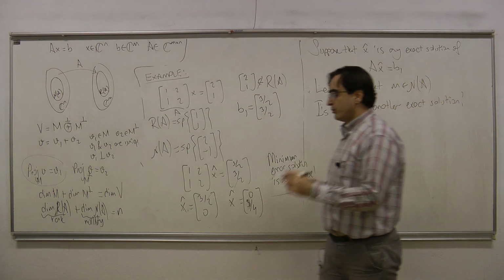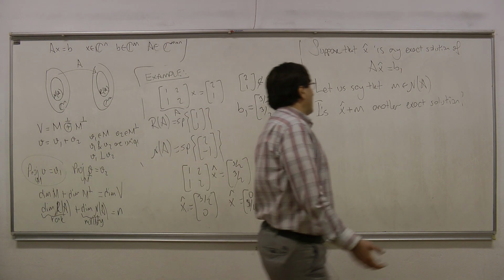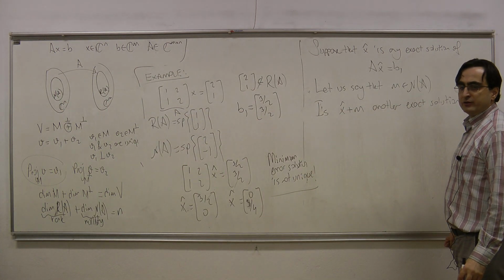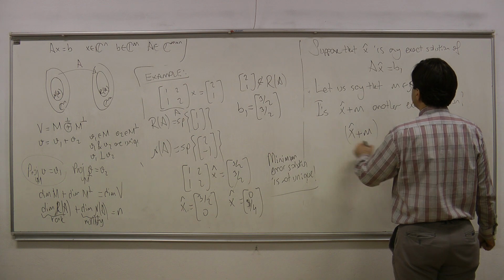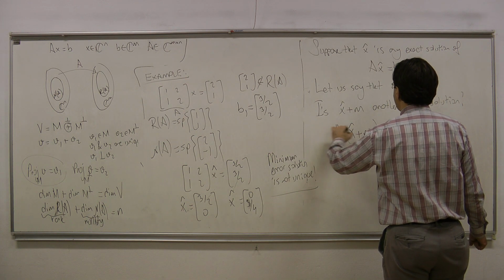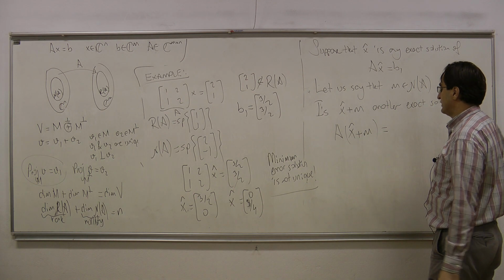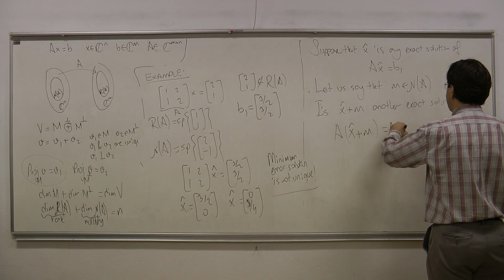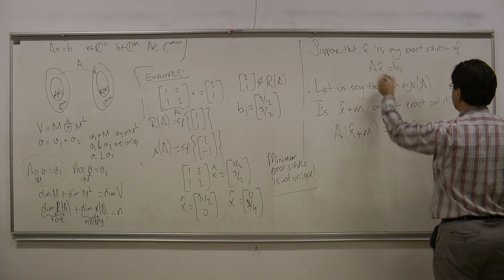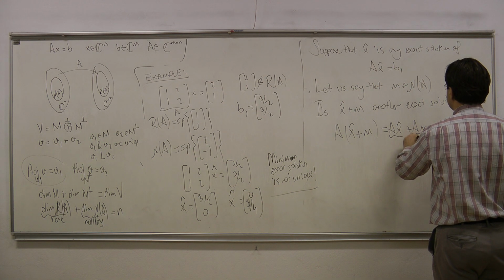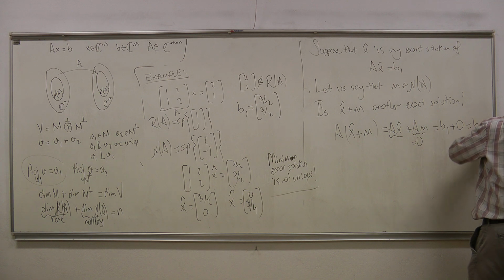And the answer to this question, as we did in the last lecture, is going to turn out to be yes. So how can I understand if this is an exact solution or not? I can look at whether this X satisfies the equation: A times it, if the right hand side gives me B1, then I'm done. So I have A X set plus A M. And A X set is, by the property of this exact solution, B1, and A M is going to be equal to 0 because M is inside the null space of A. Plus 0, and that is B1.